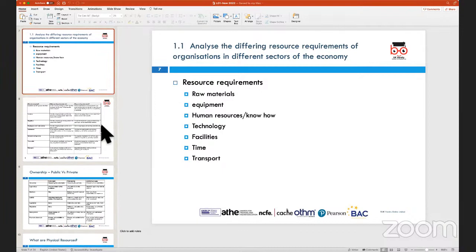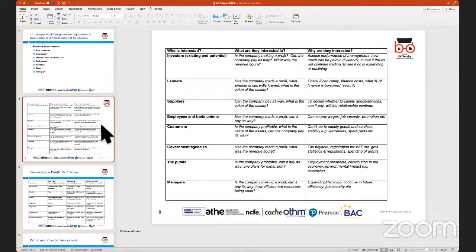Now, to differentiate between these different types of resources and how companies, organizations or a particular sector utilize them in the economy, I've used a table to explain that. Imagine, most of you on the session today, let's look at four of you, and including me, let's wear four different hats.